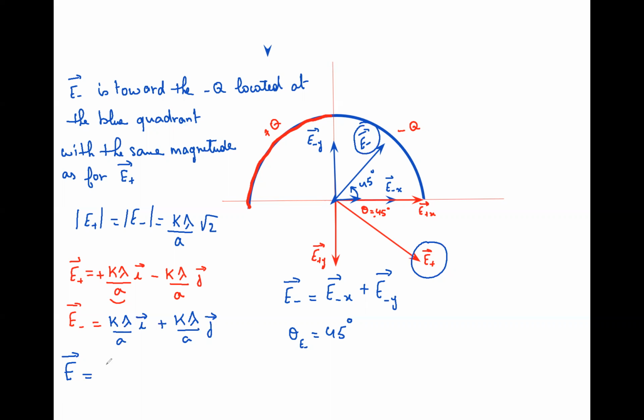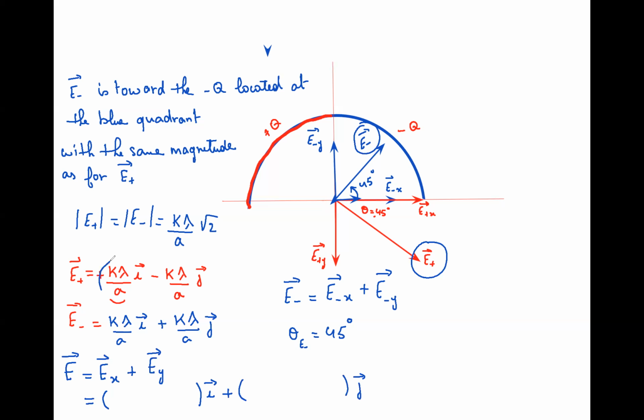E total equal E total X plus E total Y. So here is a summation of these two vectors, equal to the summation of the vectors of the X component plus the summation of the vectors of the J component.